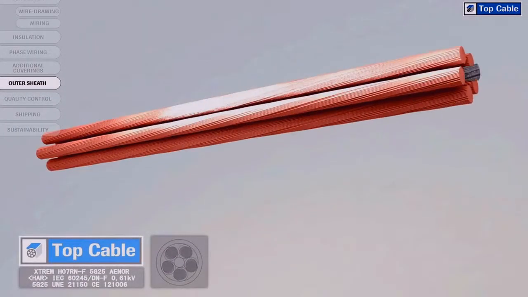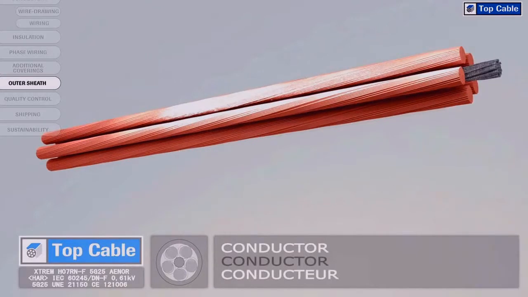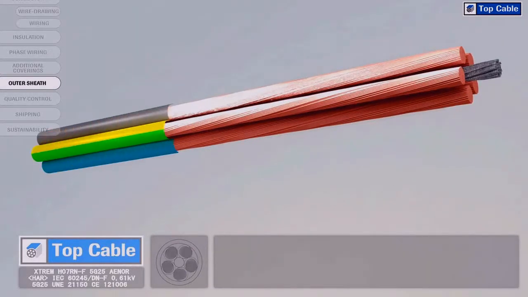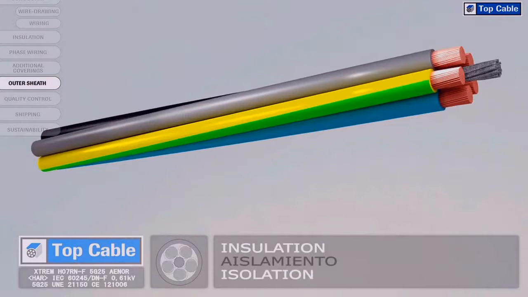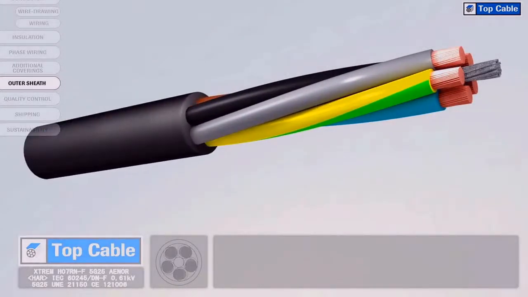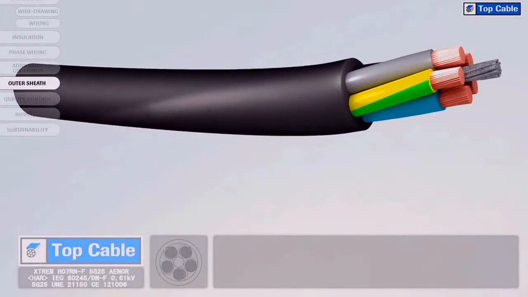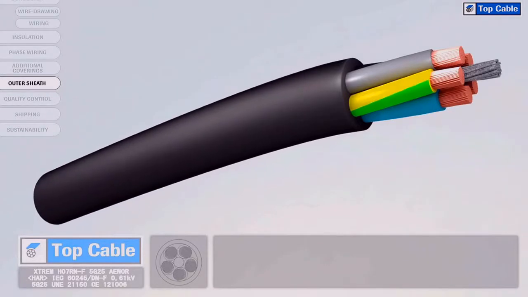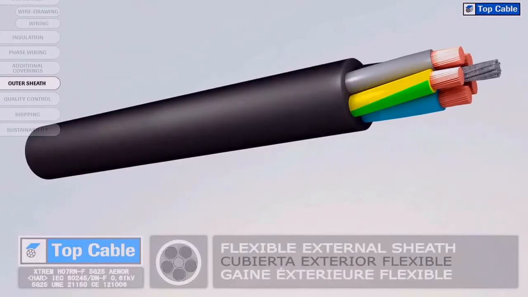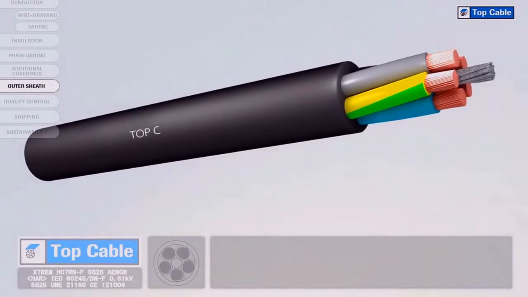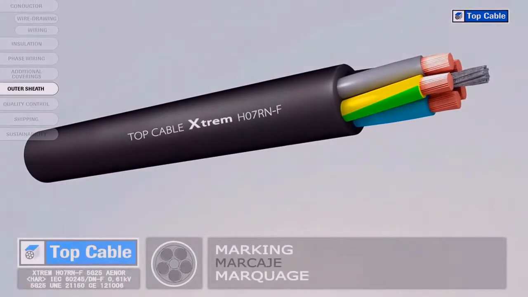Cables usually have an outer polymer covering for protection. This is called the outer sheath. The sheath protects the conductors and their insulation from external elements which may change their electrical properties, such as moisture.